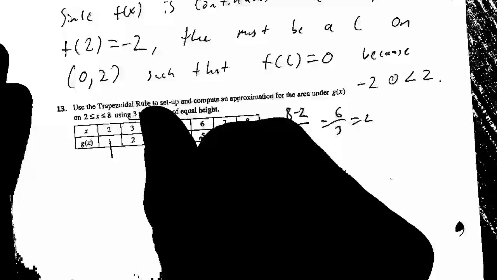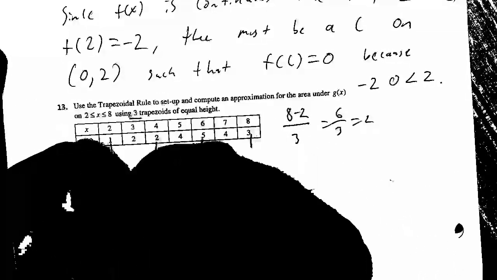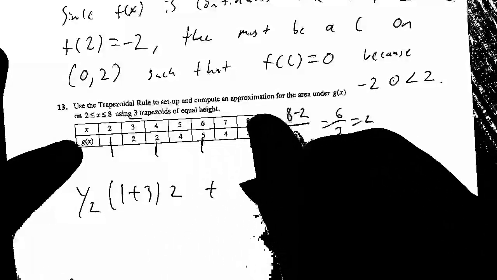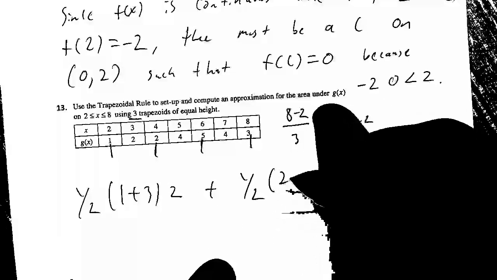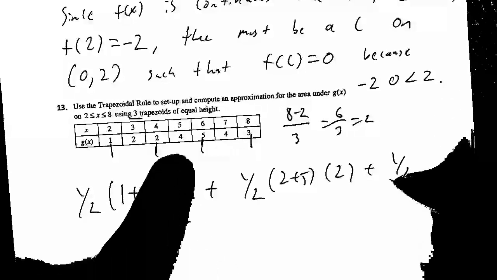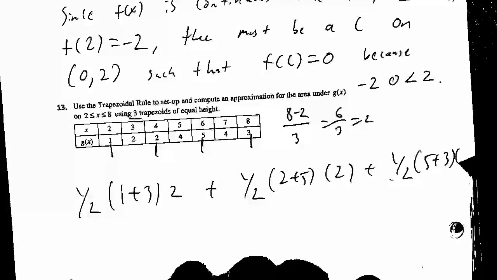So we're going to have 1/2 (b1 plus b2), so 1/2 (1 plus 3) times 2, plus 1/2 (2 plus 5) times 2, plus 1/2 (5 plus 3) times 2, right?